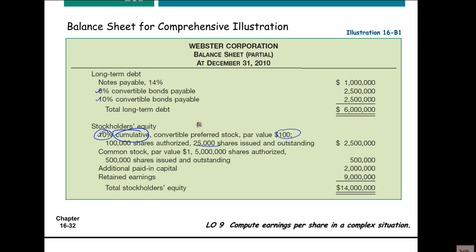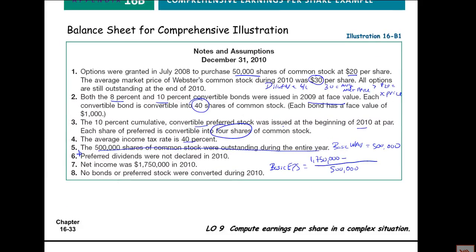So that's 10% times $100 times 25,000, so 10 times 25,000 is 250,000 preferred dividend adjustment. So 1.5 million over 500,000, and that's $3 basic EPS.